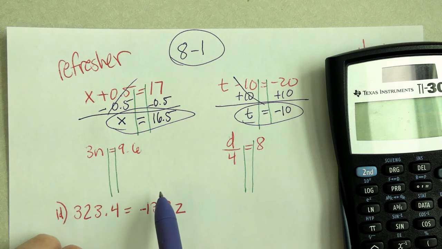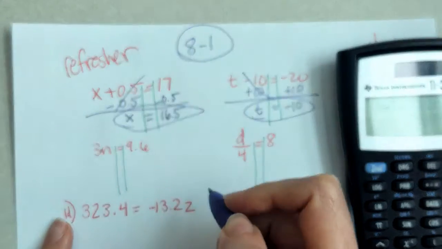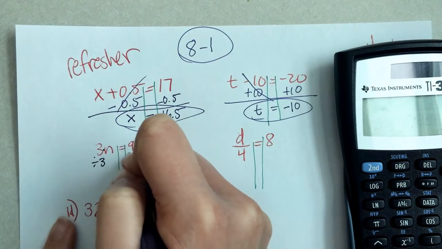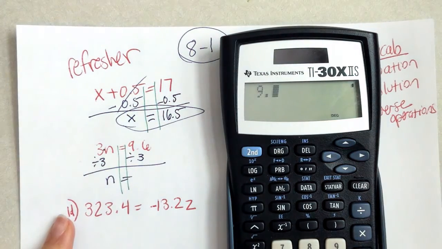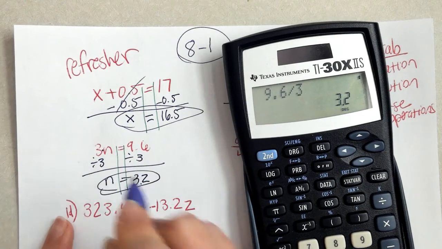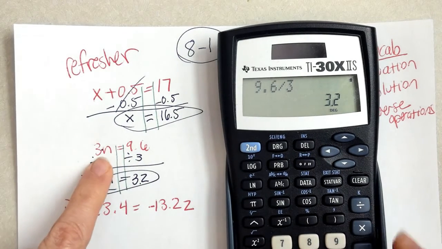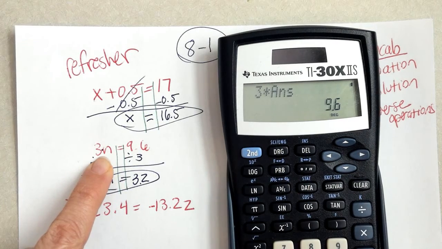That's going to be multiplying and dividing. Here, since we're multiplying, the opposite would be to divide by 3. So 9.6 divided by 3, you would get your 3.2. And again, if I want to check it, I just do 3 times that answer, and I get 9.6.